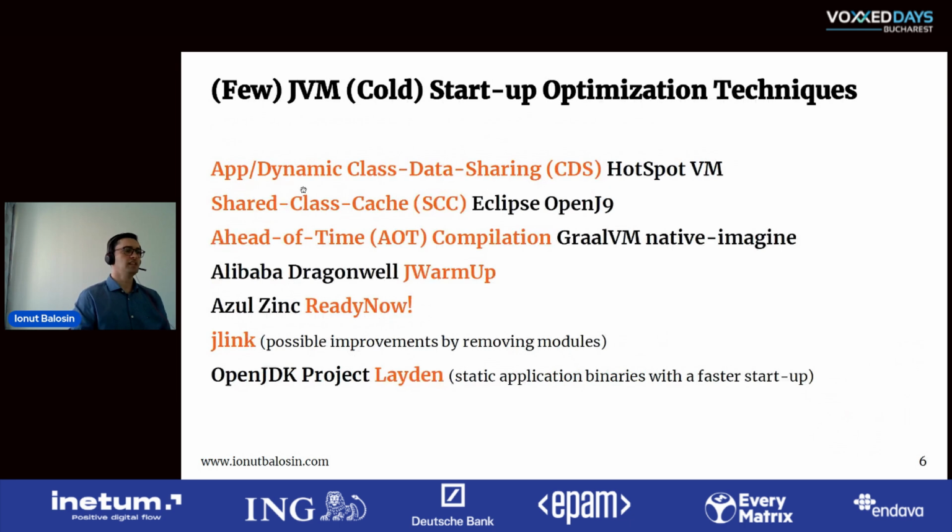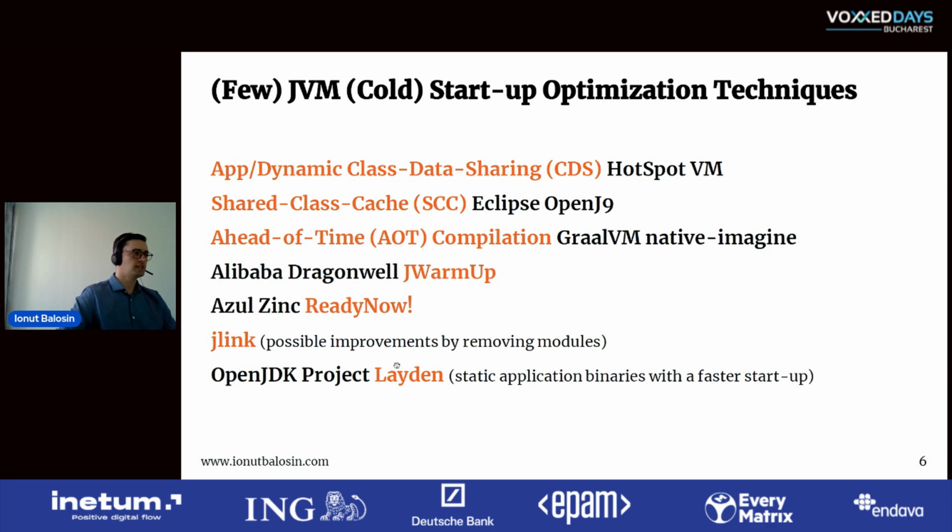And now let's see what the techniques to improve this are. There are quite a lot. Of course, I cannot talk about each of them. I will focus today on the top three. Of course, there are others, like for example, Alibaba Dragonwell JWarm. They created a very nice approach to warm up your JVM. If you pay the license for Azul Zing, the ReadyNow technology is there.